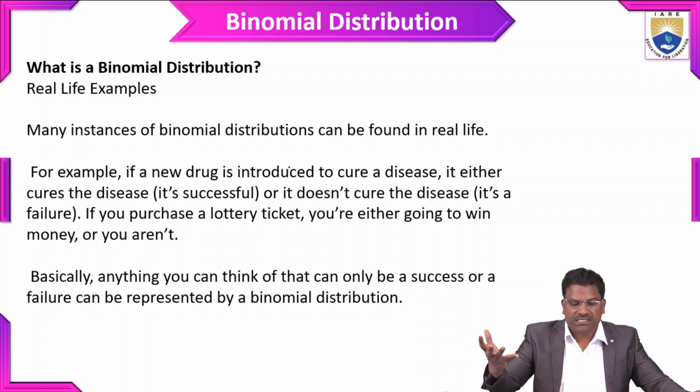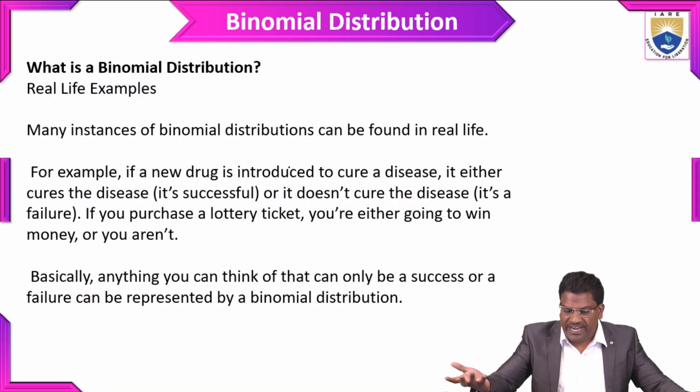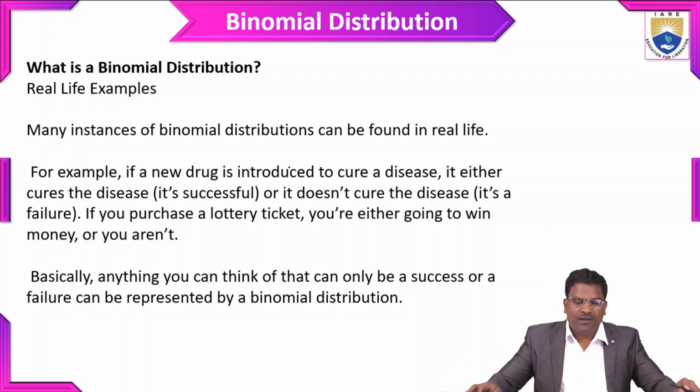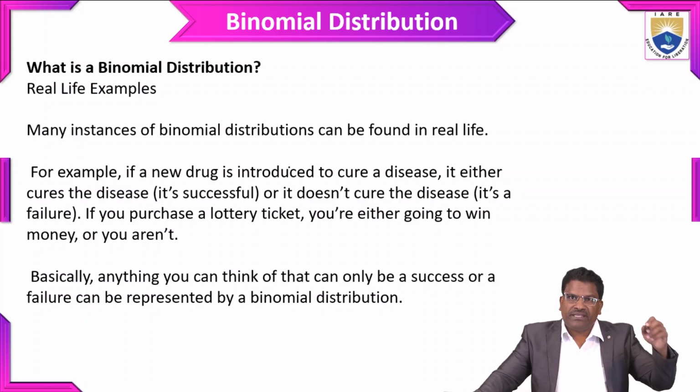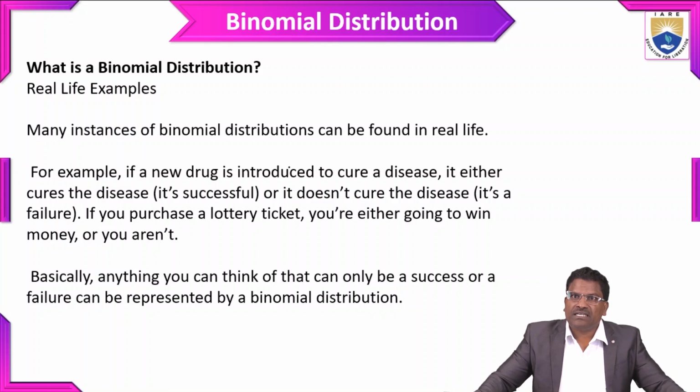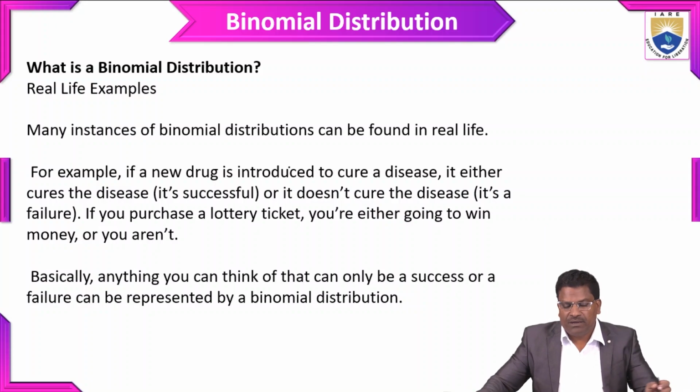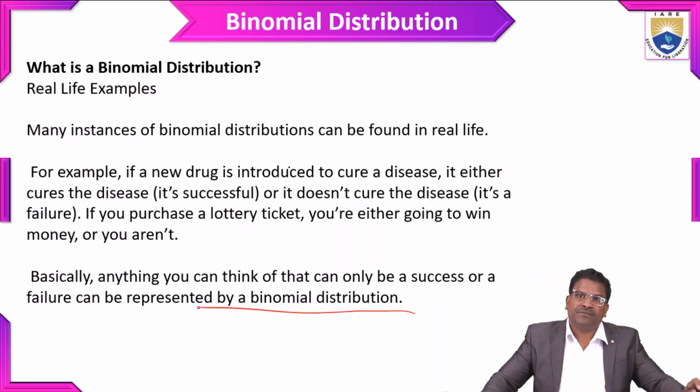If you purchase a lottery ticket, you are either going to win money or you aren't. Basically, anything that can only be a success or a failure can be represented by a binomial distribution.